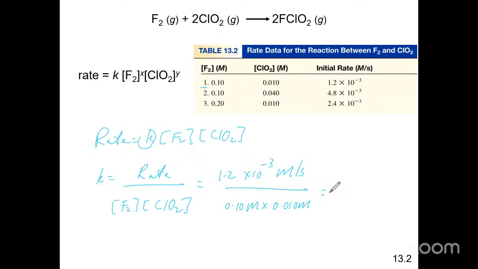Okay, so according to my calculations, this works out to be equal to 1.2. And in terms of the units, this will cancel out with that. So you're going to end up with M to the minus 1 s to the minus 1. And that's basically how that is done.